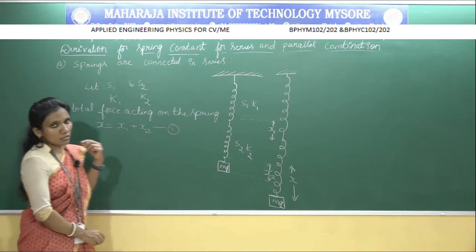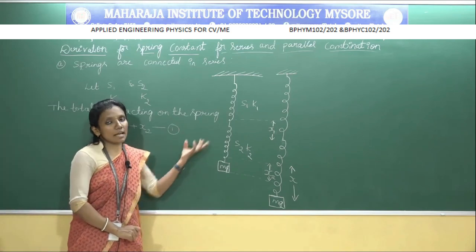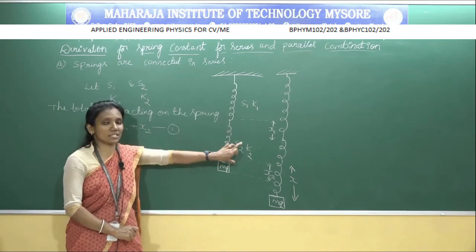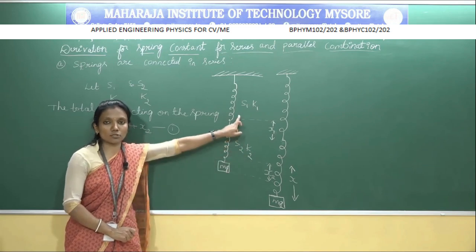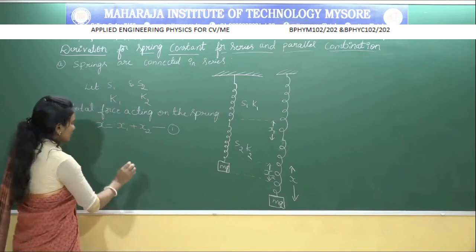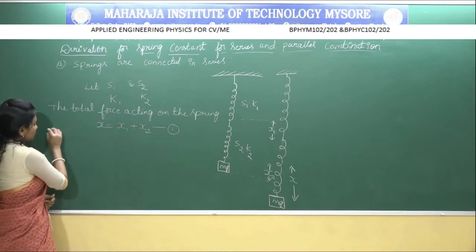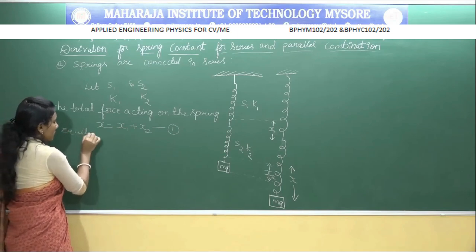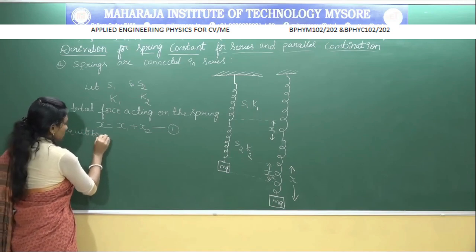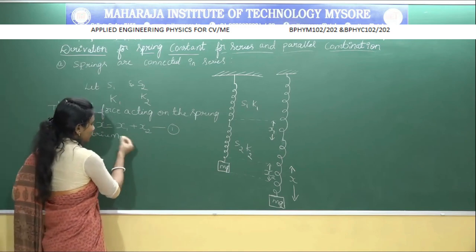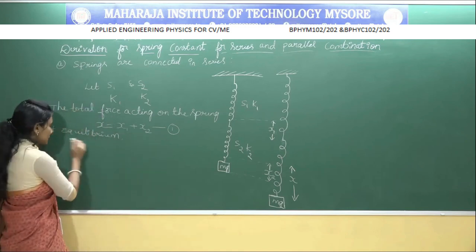Okay. So now when both the forces act on the spring, at the equilibrium position, the two forces will balance each other. One is the restoring force and the other one is the force due to the weight. So at equilibrium, the two forces balance each other.